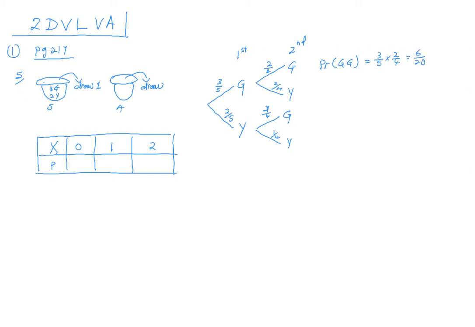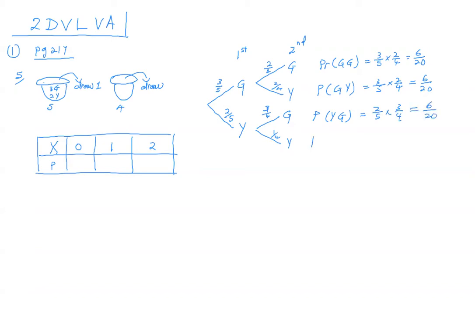What is the probability of getting the first one green, the second one yellow? It is 3 over 5 times 2 over 4. So this will be 6 over 20 also. And what is the probability of getting first one yellow, second one green? So it's 2 over 5 and 3 over 4. So it's also 6 over 20.